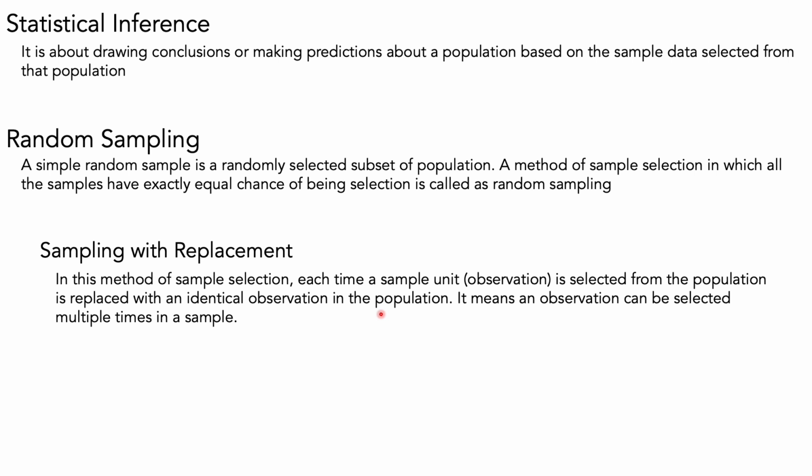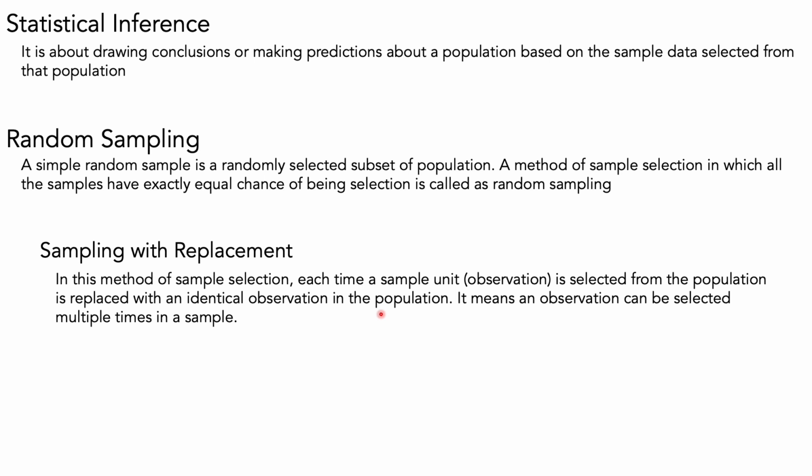We take them out, but we refill the jar with the same two blue and one yellow. So we add those back in the jar, the ones we had already selected. It means that when they are put back in the jar, we can select them again. So we can select the same sample multiple times. I hope you understand this.